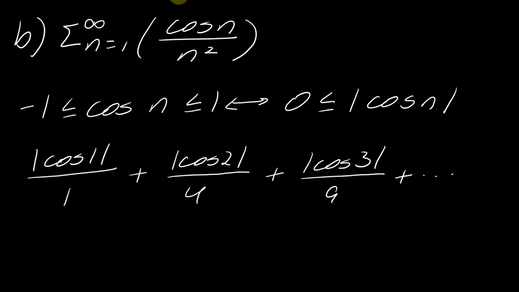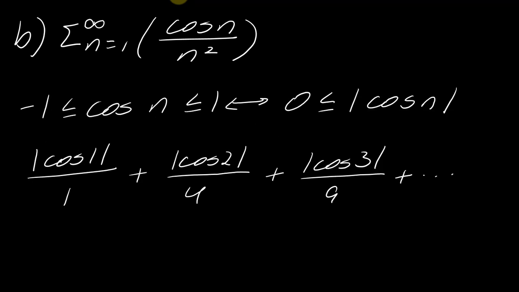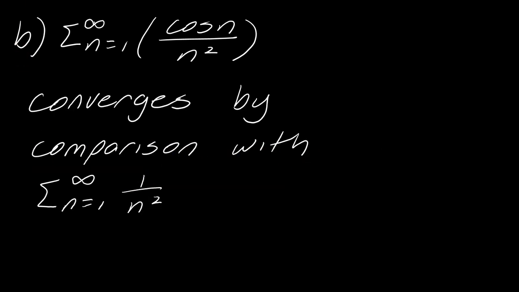Because of that, we can say that this particular series, I can compare with just 1 over n squared, right? So that series will always be less than or equal to 1 over n squared. Since this converges, then this must converge absolutely and therefore converges. So there's that nice interplay there.